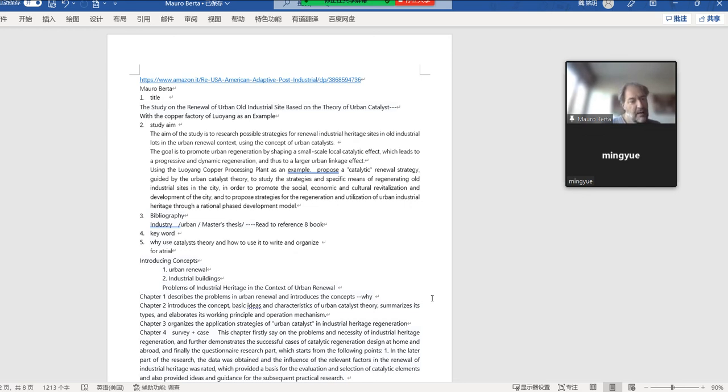I think that in China, this is something which is emerging in the very last years, because in China, you know better than me, normally the urban transformations are much faster than in Italy, than in Europe, and so on.